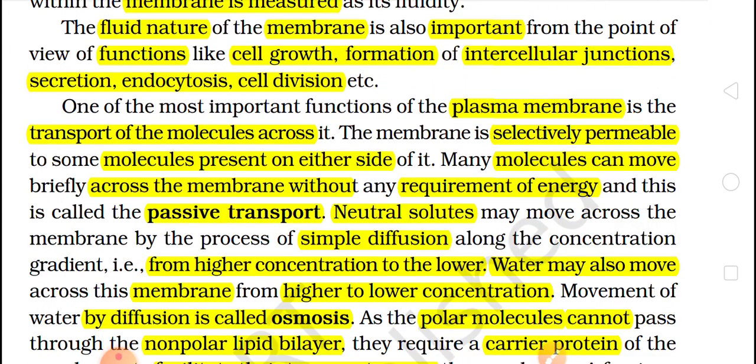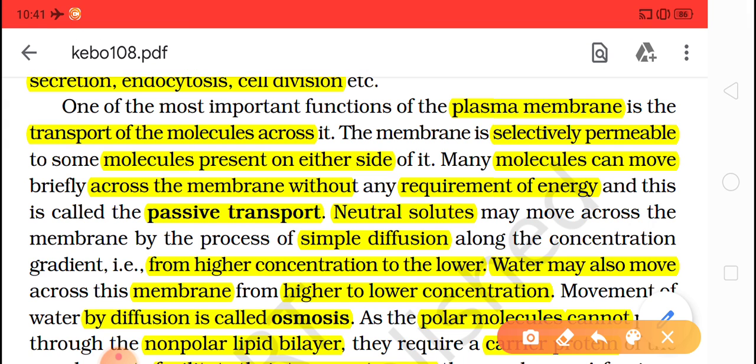Children, one of the most important functions of the plasma membrane is the transport of molecules across it. The molecules will be transported through the plasma membrane. The membrane is selectively permeable to some molecules present on either side.